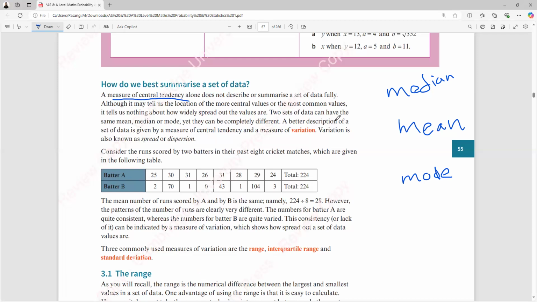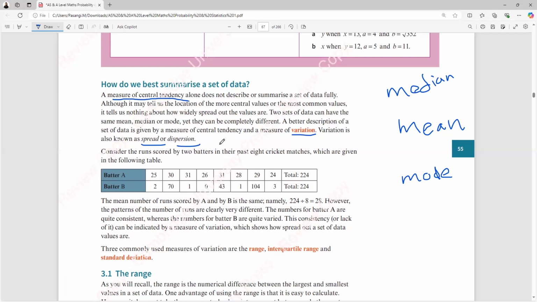A better description of a set of data is given by a measure of central tendency and a measure of variation as well. Variation is also known as spread or dispersion.